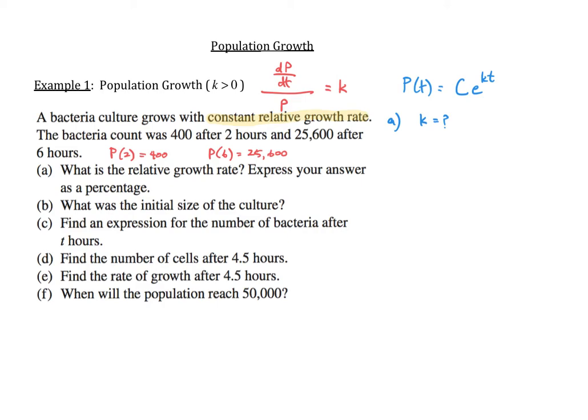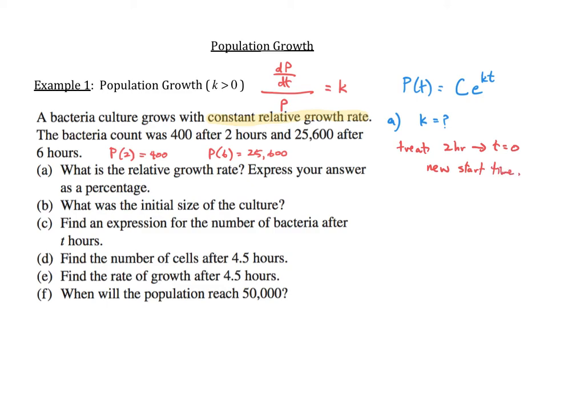When I look at this equation and I'm trying to solve for k, I have a small issue. I know what the output value is for a particular time, but I don't know what the initial population is. So I'm going to reinterpret this question. I'll treat 2 hours as t equal to 0, so 2 hours is my new start time.